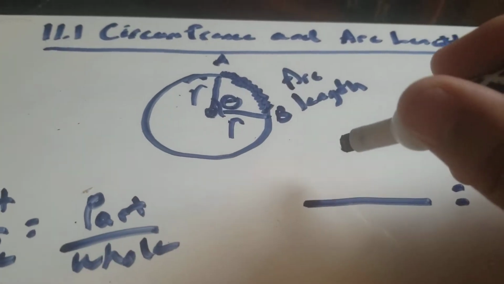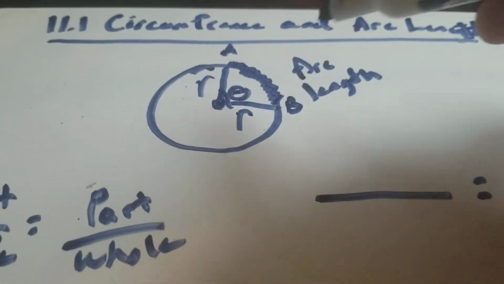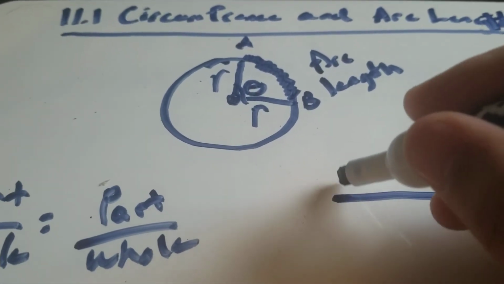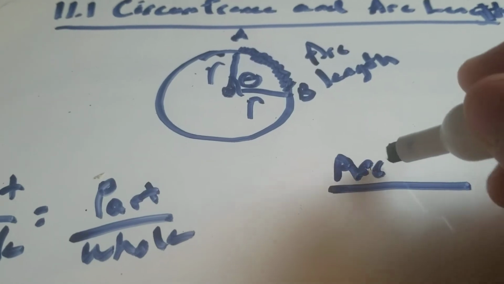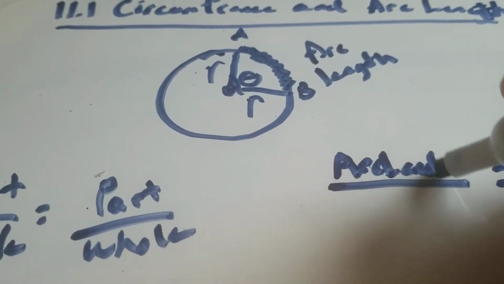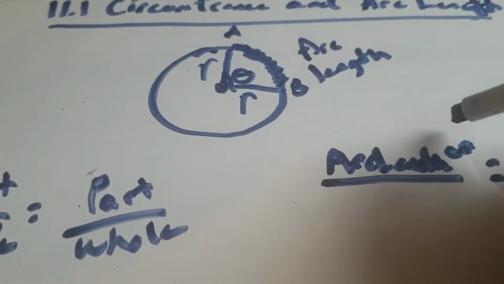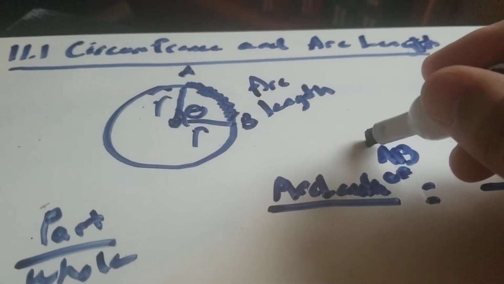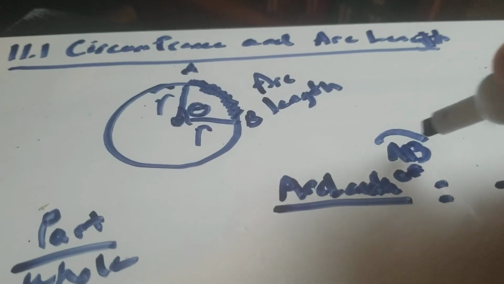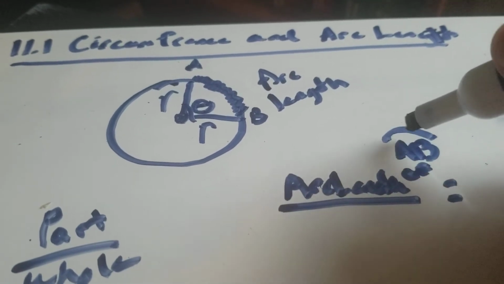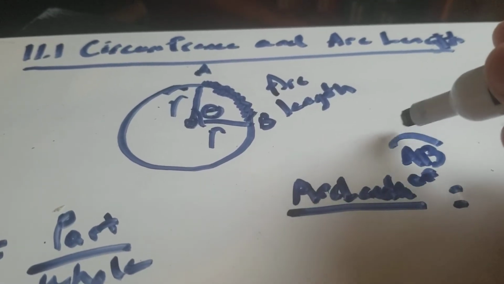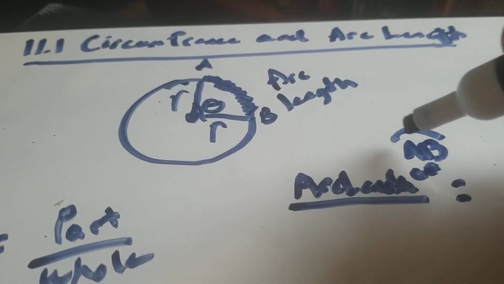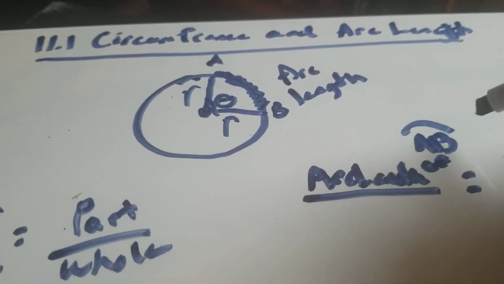So, part is part of the circle. We're looking for the arc length, so the part I am looking for is the arc length of AB. If you want to represent an arc, you put a little curve on top. Usually if you represent a straight line, it's a straight line on top, but since we're looking for an arc, we put a little arc on top. So the arc length of arc AB.